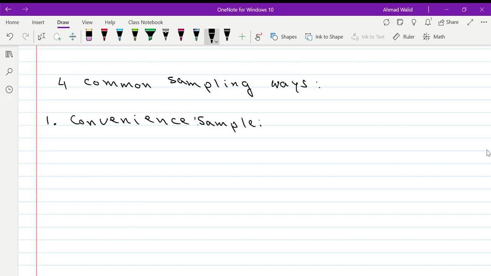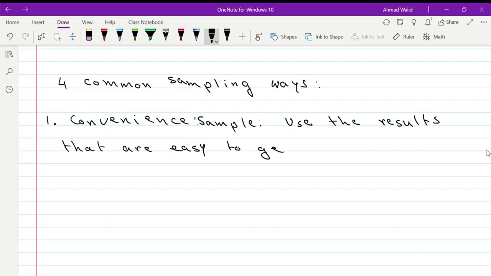We are here using an easy way to select a sample. For example, I can write like this: use the results that are easy to get or to choose.